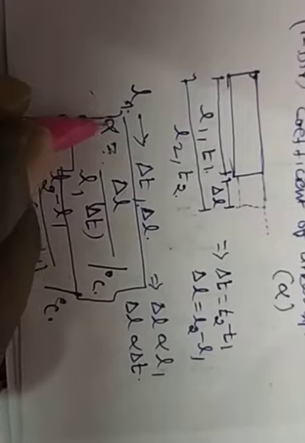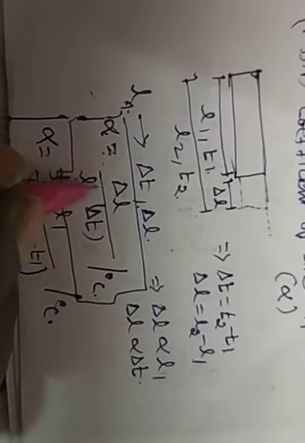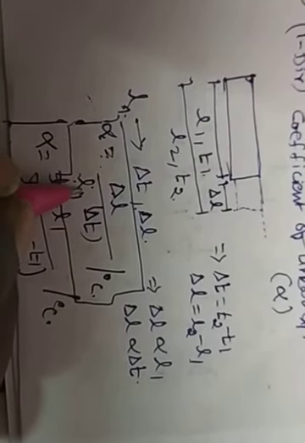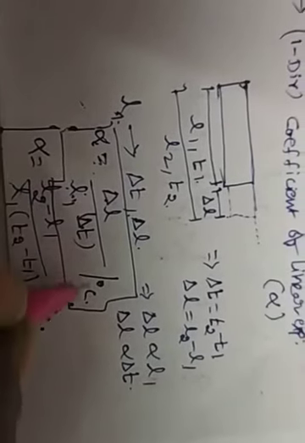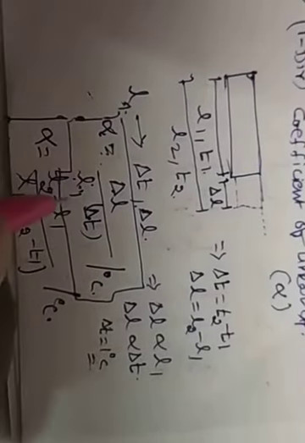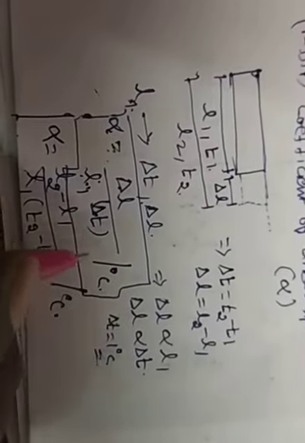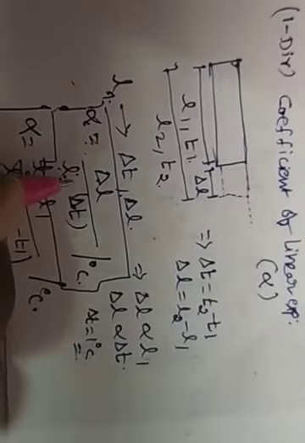This can be defined as the ratio of change in length to its initial length per degree centigrade rise in temperature. That means if delta T is equal to 1 degree Celsius, then alpha is only delta L by L1. That is called a fractional change in length.